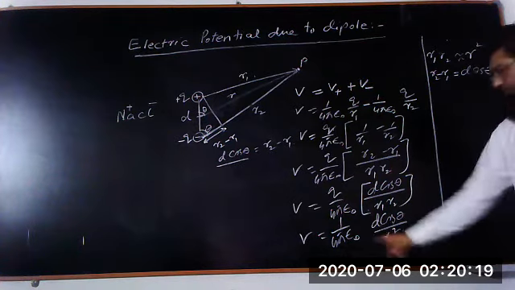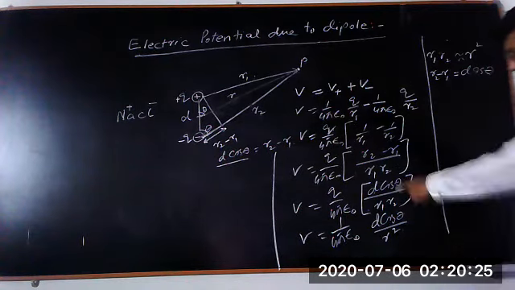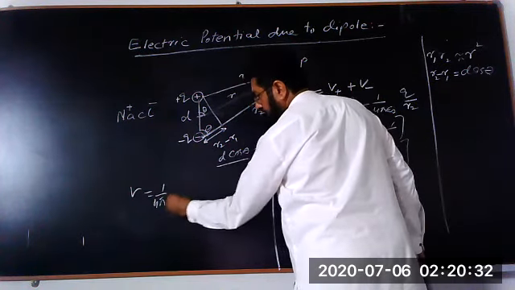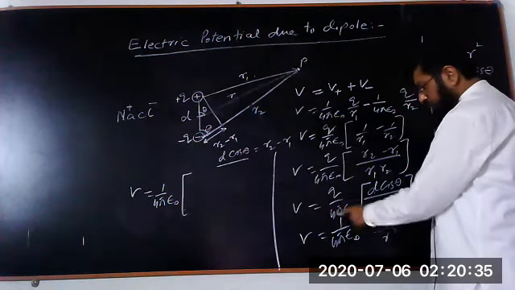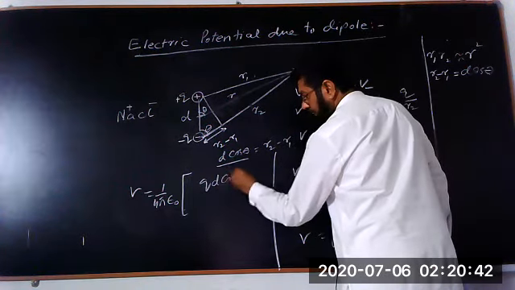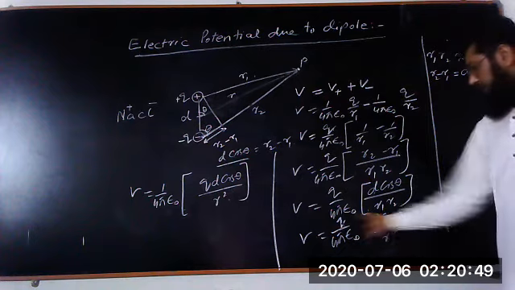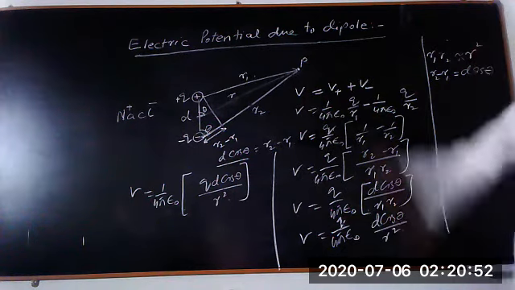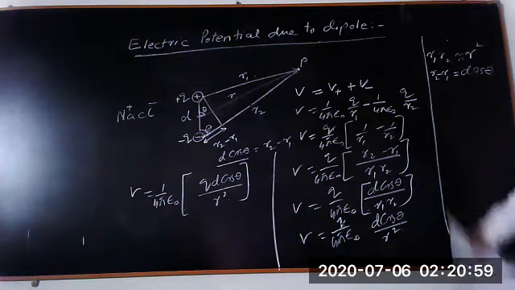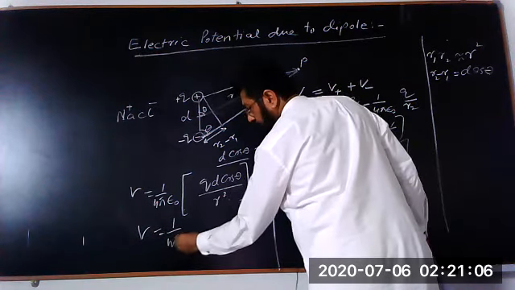So now I am rewriting this: V is equal to 1 upon 4 pi epsilon naught, Q d cos theta upon R square. We have taken 1 upon 4 pi epsilon naught out of the equation. So from here, V is equal to 1 upon 4 pi epsilon naught.